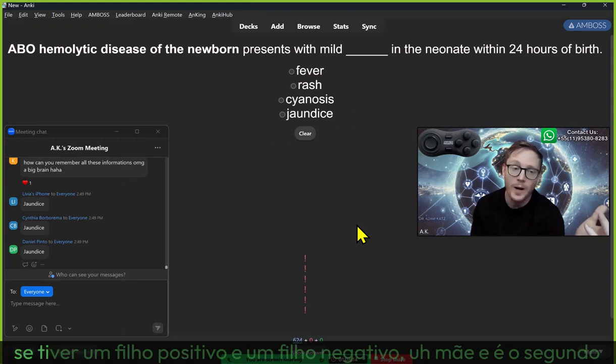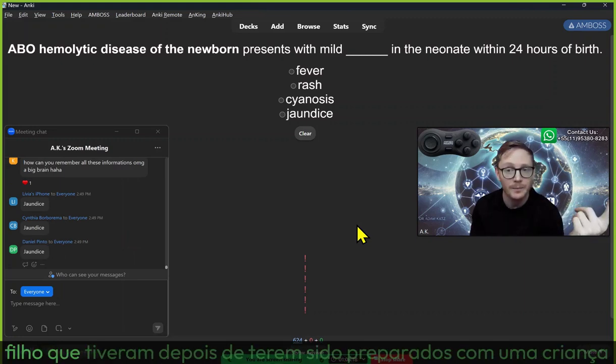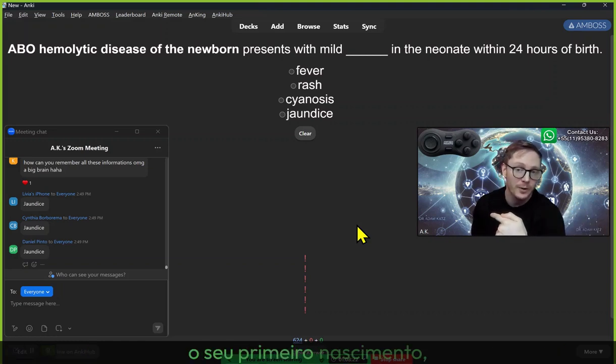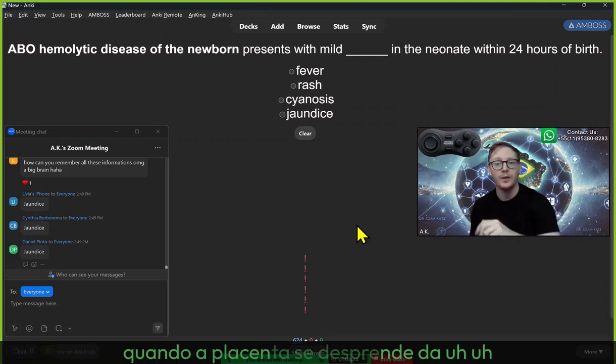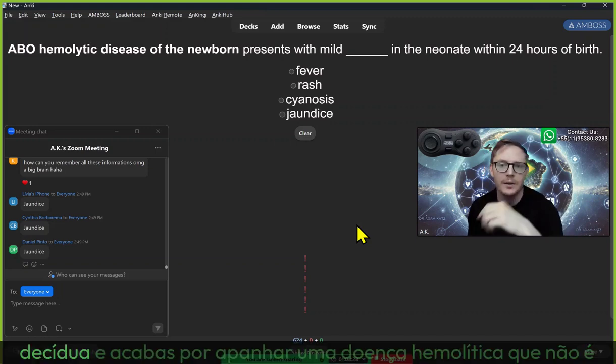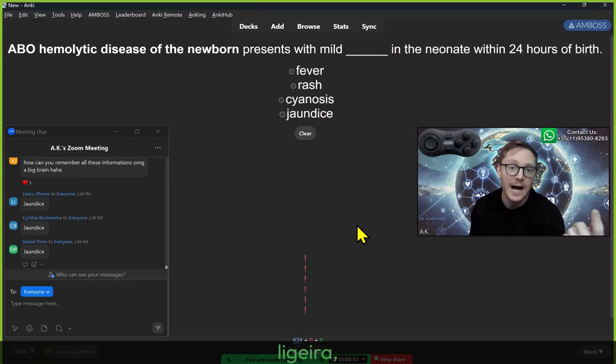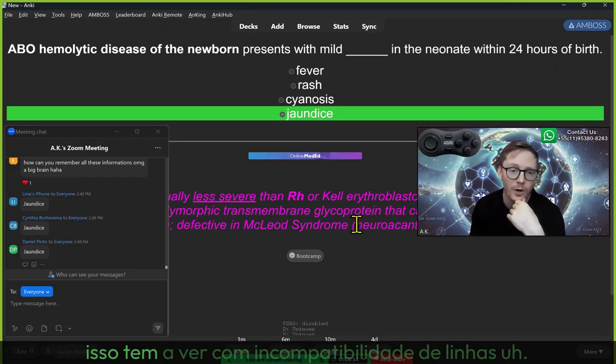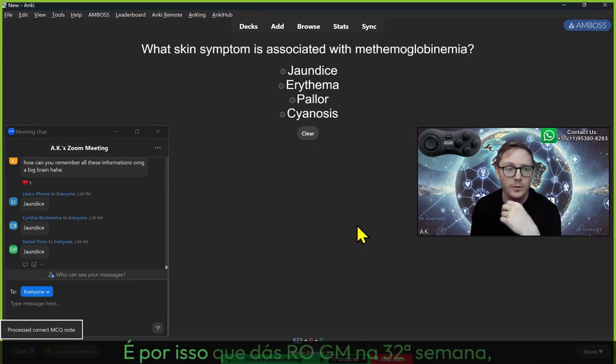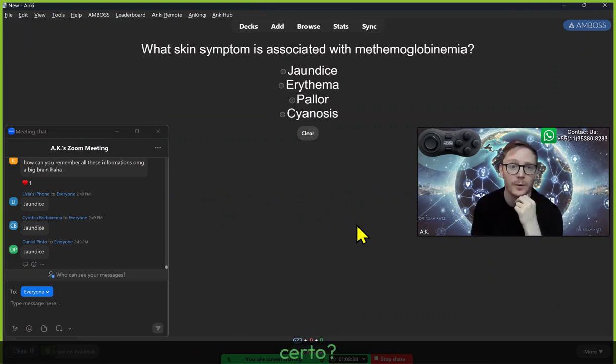If you have an Rh positive child and an Rh negative mother, and it's the second child that they've had after they've been primed with an Rh positive child their first birth, they have blood mixing when the placenta detaches from the decidua, and you wind up getting a hemolytic disease that is not mild. That has to do with Rh incompatibility. That's why you give RhoGAM in the 32nd week, right?